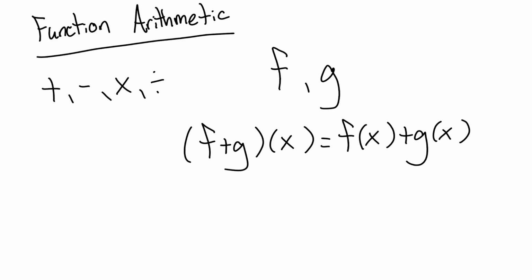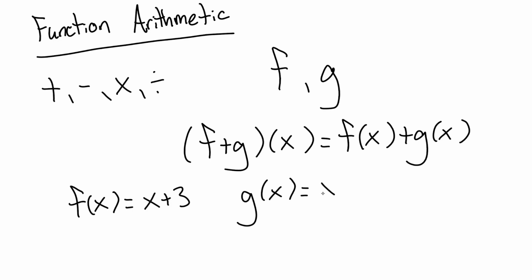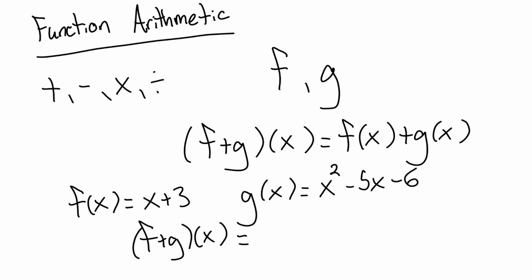No special rules here. So for example, if we have the functions f of x equals x plus 3 and g of x equals x squared minus 5x minus 6, then the new function f plus g of x would be equal to both of these functions added together.